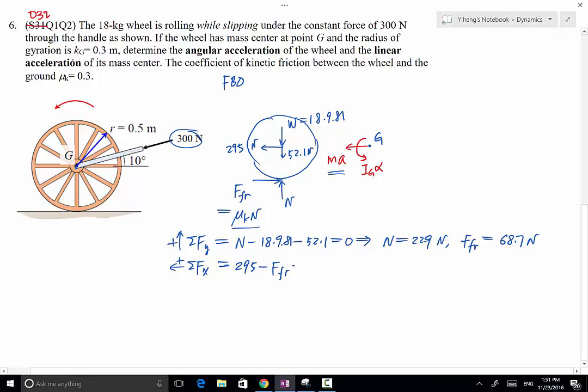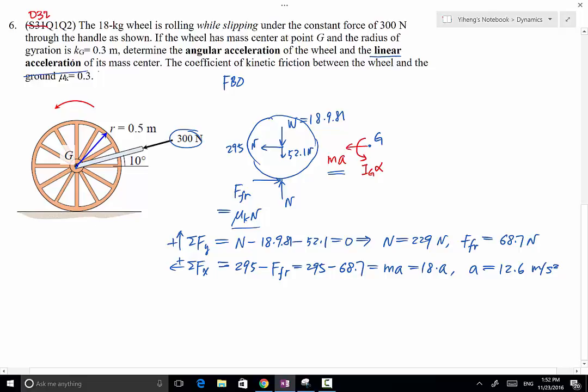Let's write it here first, and then 295 minus 68.7 that we solved from the previous step, and that equals ma, which is 18 times a. From here, we can solve for our acceleration. It's 12.6 meters per second squared. That's the linear acceleration we were asked to solve for.